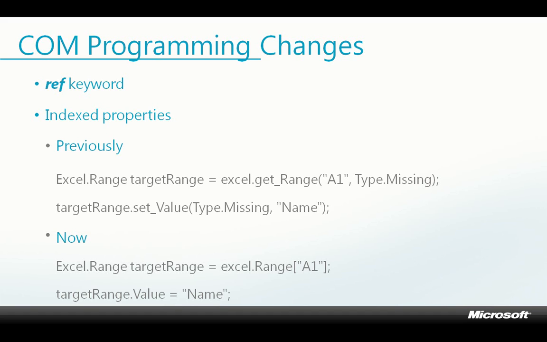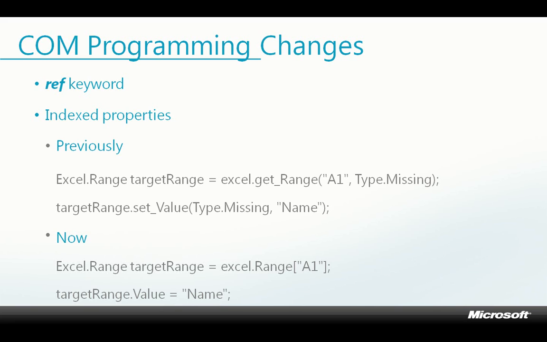But in Excel, for example, the range property has a get that requires a parameter for the name of the range. And that kept you from using range as a simple property, so instead you had to call this getRange method like it shows here. And the same is true of the set property. It required two arguments, a value and a type, so you used to have to use a setValue method. But now you can just use a property.